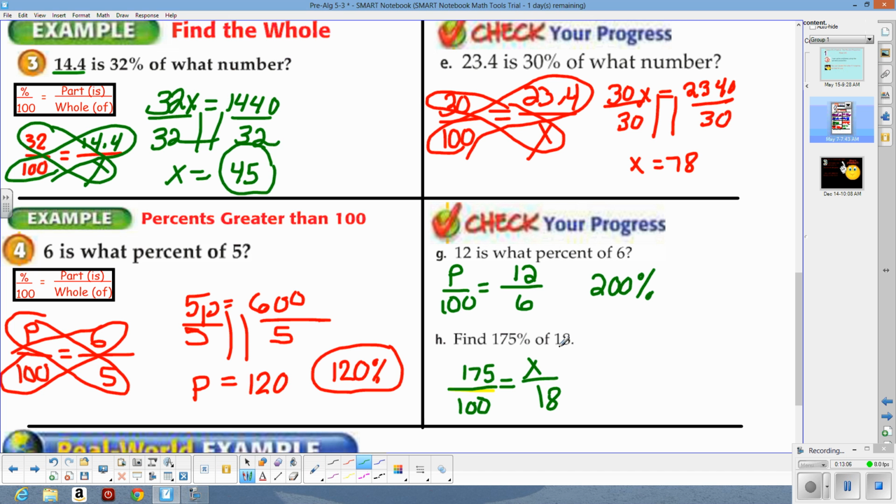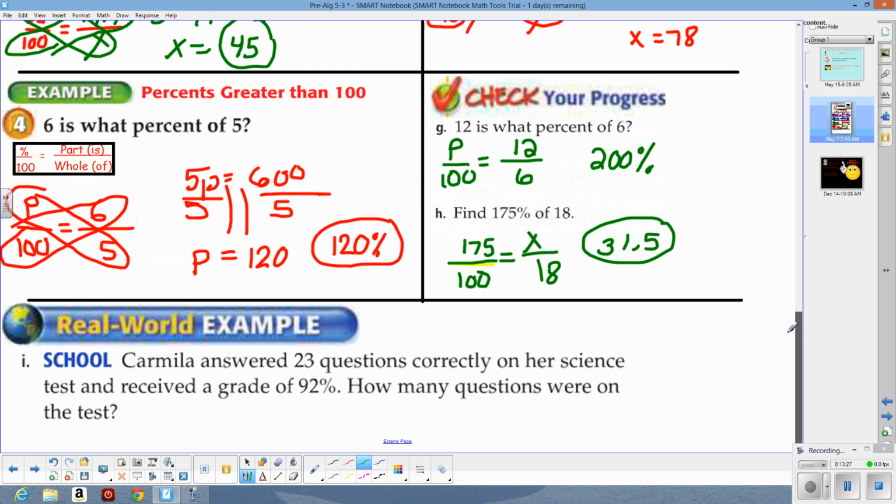Now when you go ahead and use your cross products to solve the proportion, you end up getting 31.5, which makes sense that we end up with a number larger than what we started with because we're finding 175% of 18. 100% of 18 is 18, so 175% of 18 has got to be bigger than that.